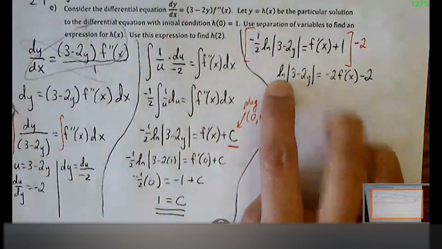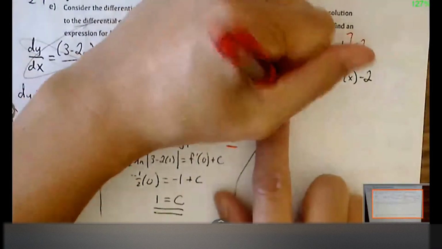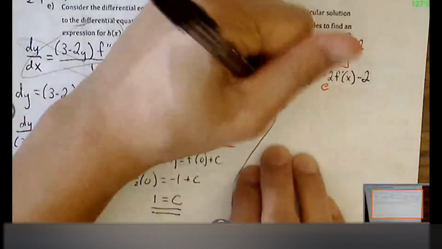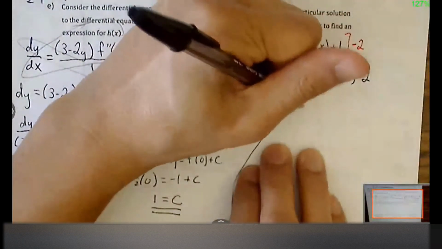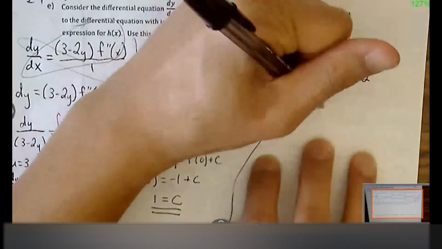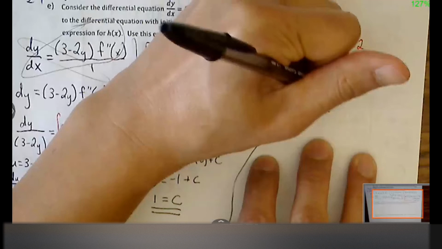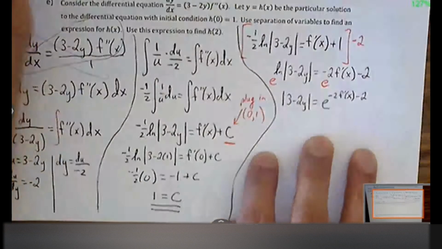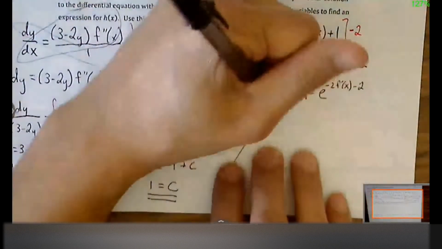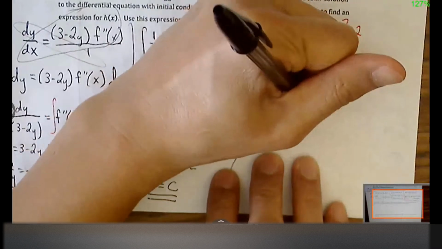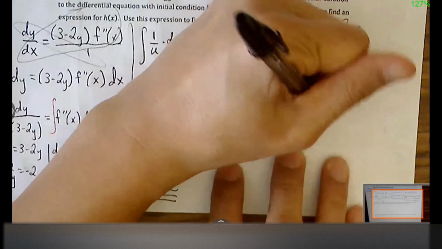Involve E to undo that natural log. Drop the absolute value. Plus or minus is going to show up.